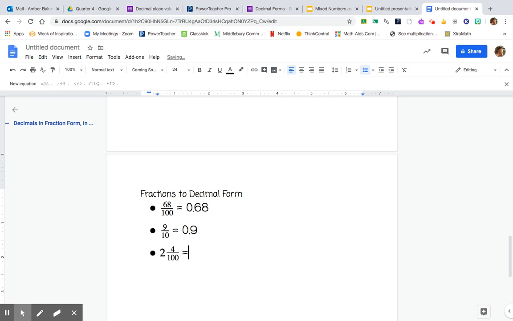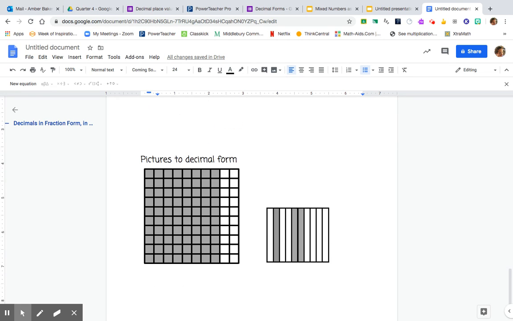This one is a mixed number, so that means I'm going to have a whole number and then my decimal part. So 2 and, so here's my decimal, 4 hundredths. So I'm going to make sure the 4 is in the hundredths place value. I don't have any tenths, so I'm going to put a 0 for the tenths and then a 4 in the hundredths. This is how you would say 2 and 4 hundredths.